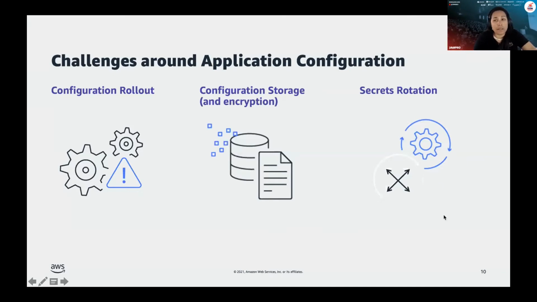And a third challenge, which I would like to mention, is the fact that some parts of our configuration really refer to credentials, to things that we can consider secrets, because they authenticate us against other services, for example.